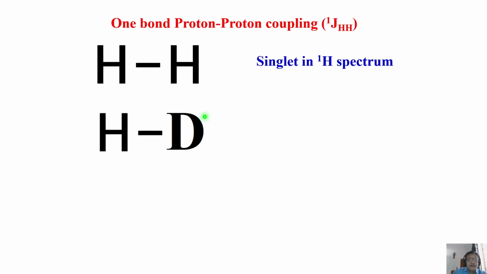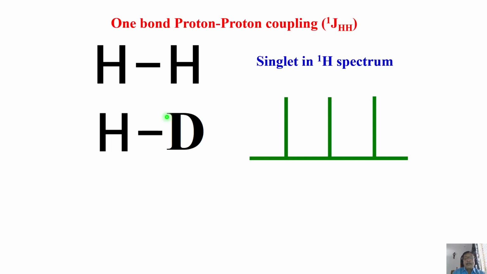As a consequence, we are going to see 3 peaks in the proton spectrum because of HD coupling. What does the separation of peaks give me? If I measure the separation between any two adjacent peaks, I am going to get JHD, the J coupling between proton and deuterium.